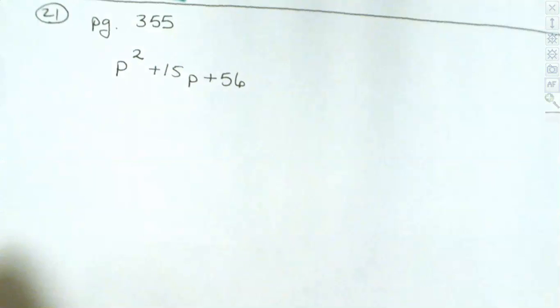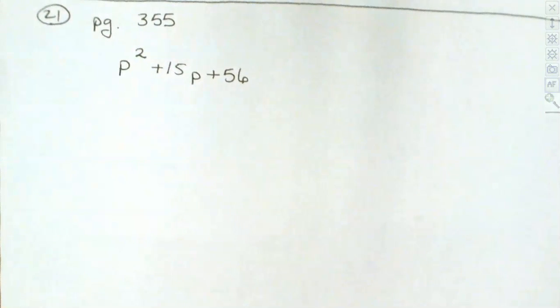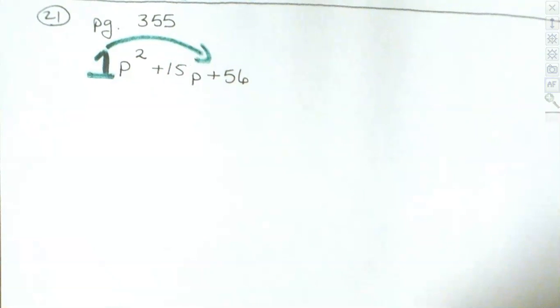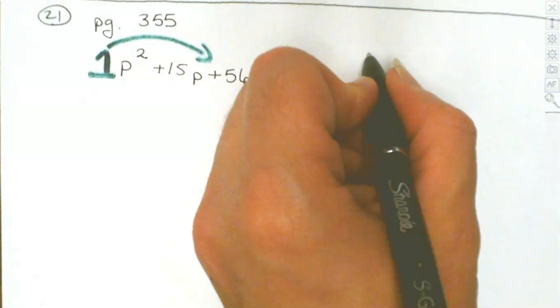We want to factor this. And when we factor it, we want to get our parentheses. So we want to factor this down and get back our parentheses. There's no number in front, so we put a 1 here. 1 times 56. Well, 1 times 56, since there's no number, we put the 1 there, is a 56.